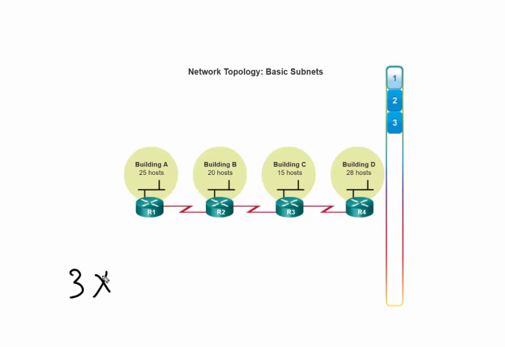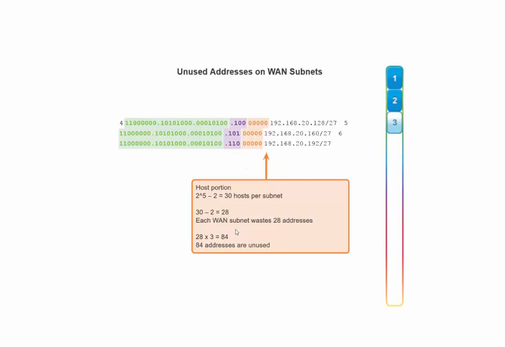Each of them needed only 2, whereas we assigned 30. So we lost 28 host addresses that are not used on each network. This is a significant waste of addresses if we are looking for an efficient design. So we ended up here with 84 unused addresses for these subnets.